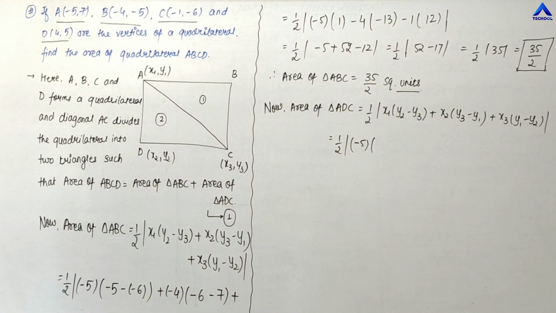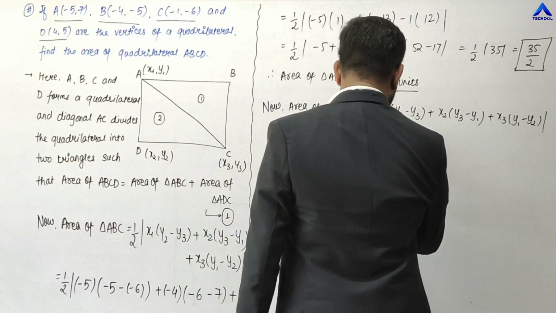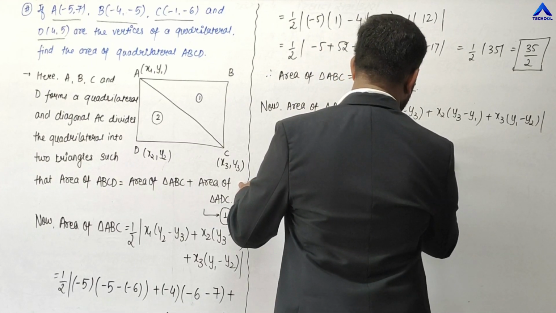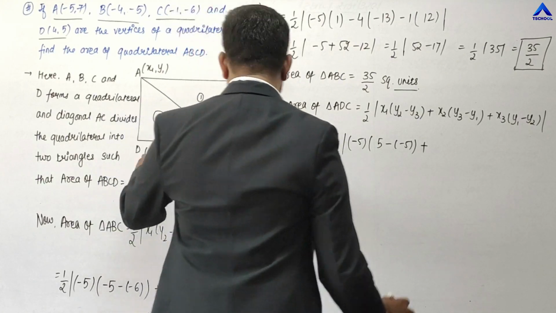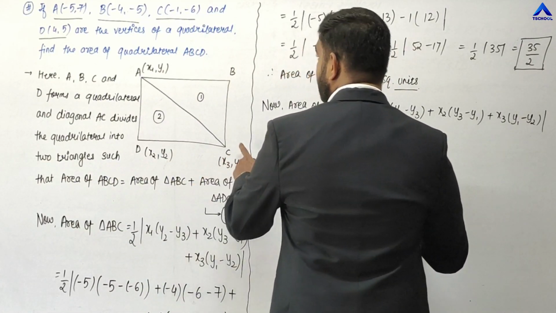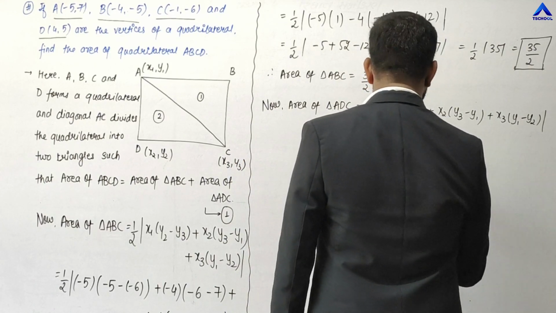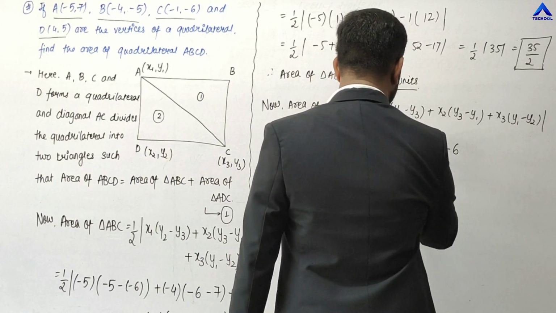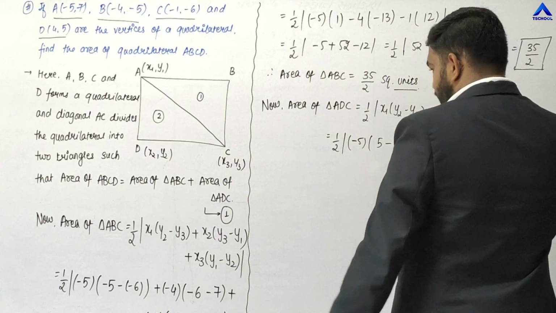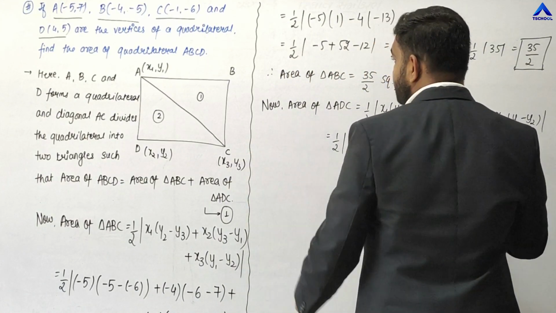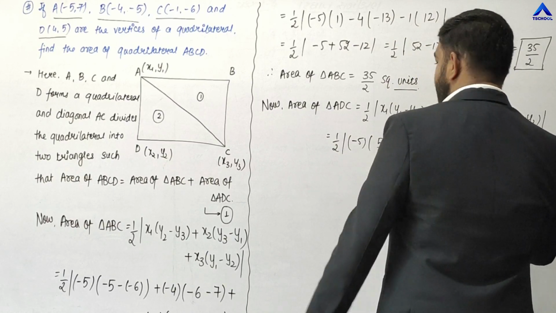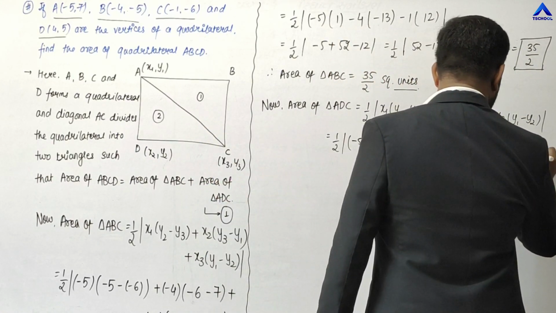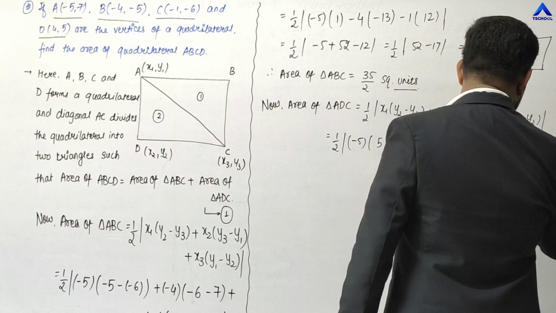Now we shall take D as x2 y2, so y2 is 5, minus y3, that is -6, plus x2, that is 4, into y3, that is -6, minus y1, that is 7, plus x3, that is -1, into y1, that is 7, minus y2, that is 5.